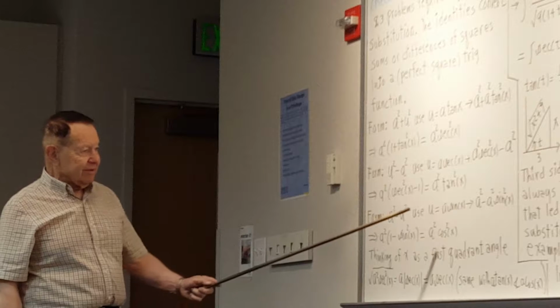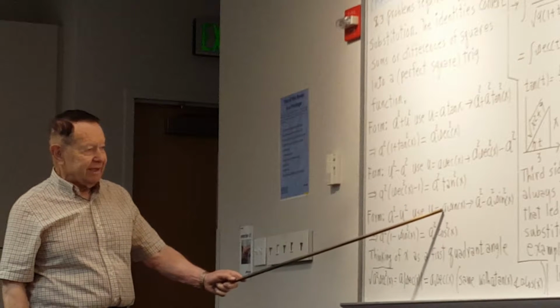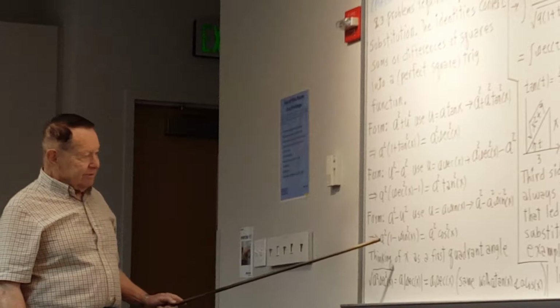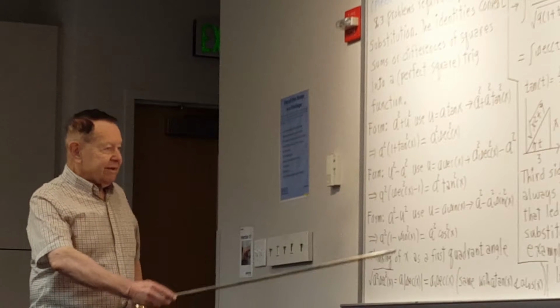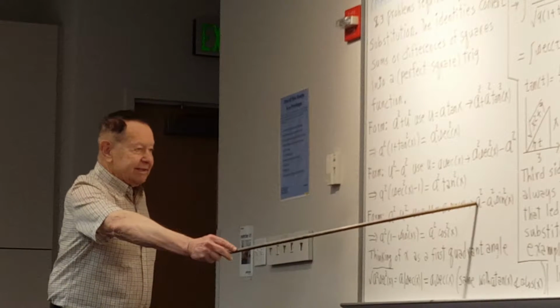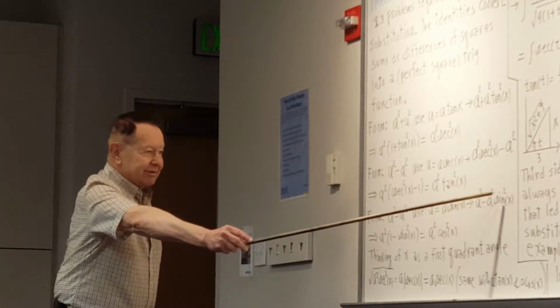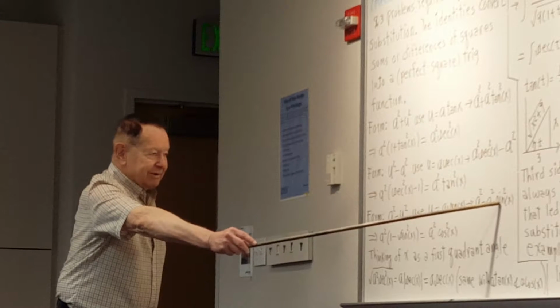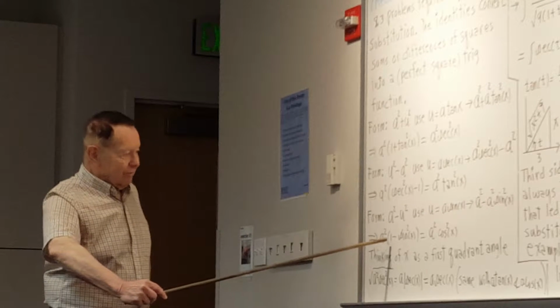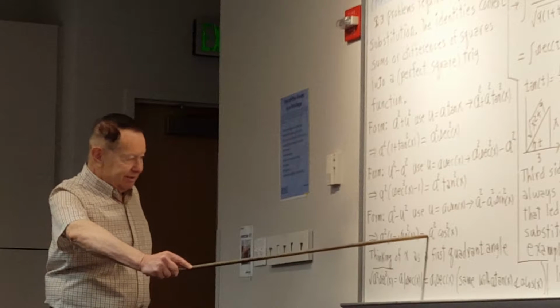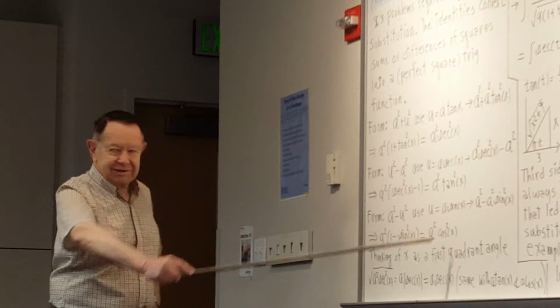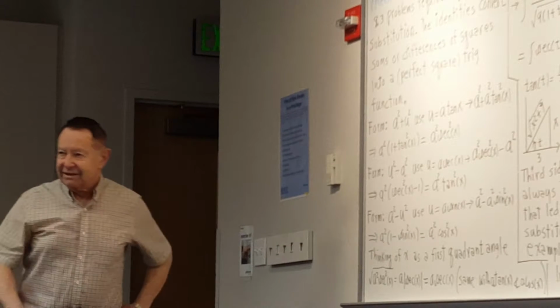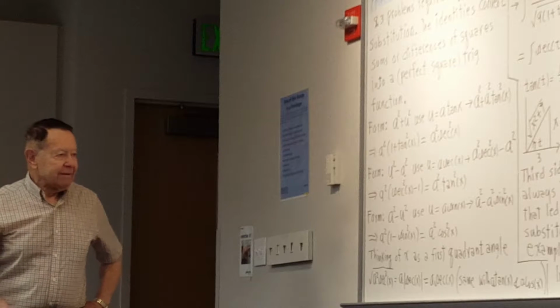If you had used a cosine, then you'd have ended up with a square minus a square cosine square, and 1 minus cosine square, and then you'd have ended up with a square sine square. So you could do it either way.